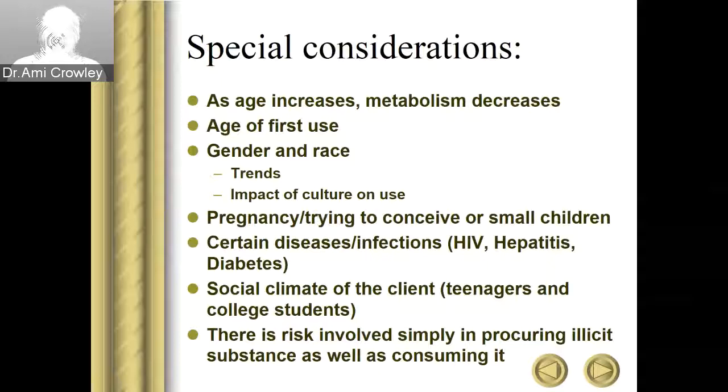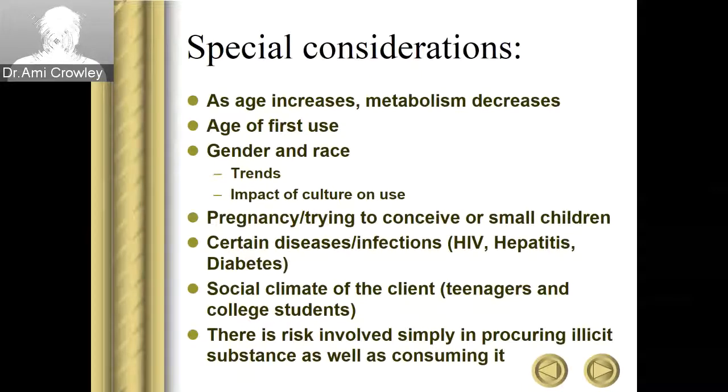Gender and race have a lot to do with some of these special considerations. We have certainly trends that have been researched in the field according to gender and race, and we want to pay attention to the culture of the client and how that has some impact on what may or may not be considered harm.